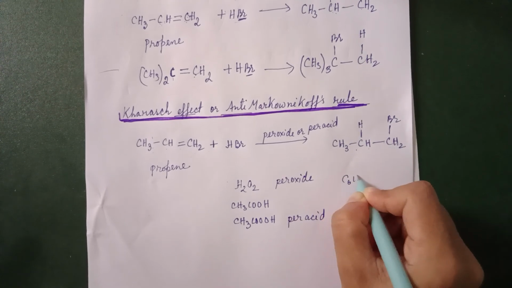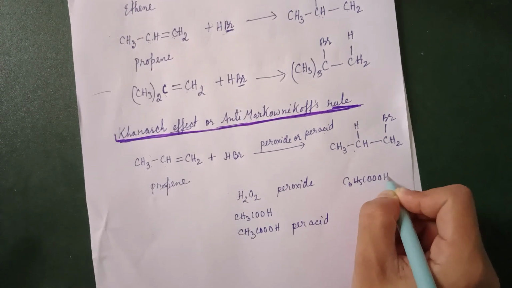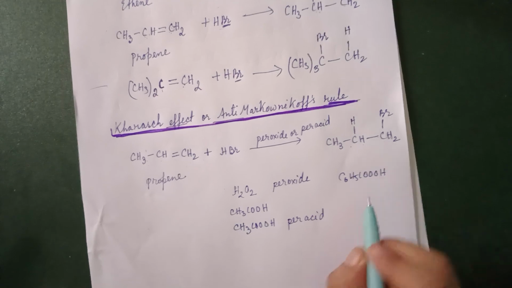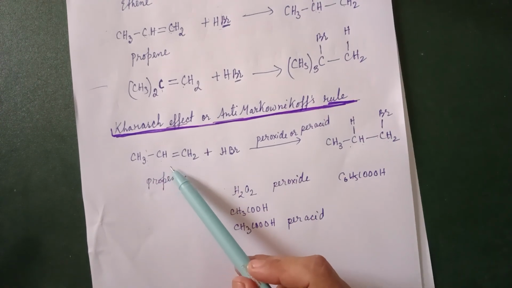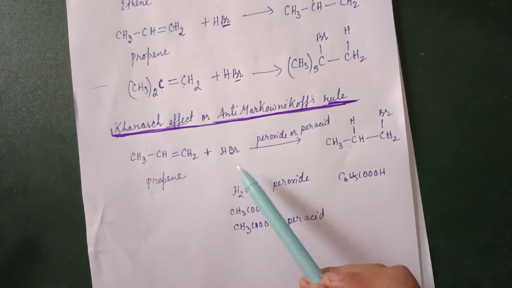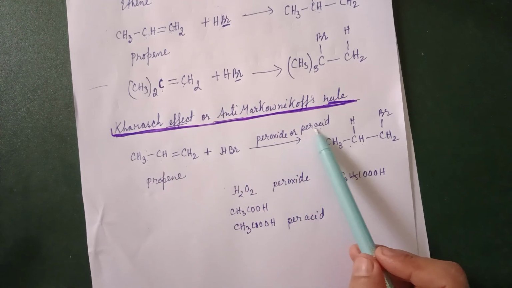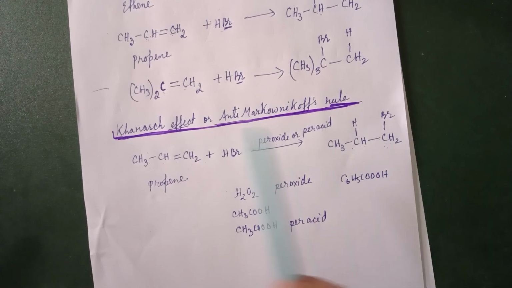Now C6H5COOH is your acid, so with extra oxygen it is benzoic peracid. Okay, so these are peracids. So whenever you see a reaction where an alkene is treated with halogen acids in presence of peroxide or peracid, then you have to follow anti-Markovnikov's rule. So this is also called Kharasch effect.